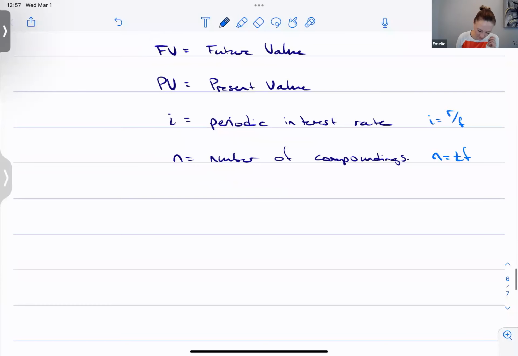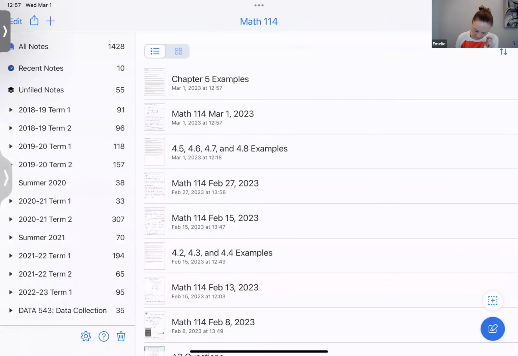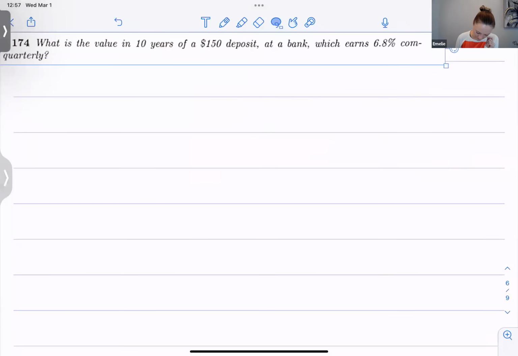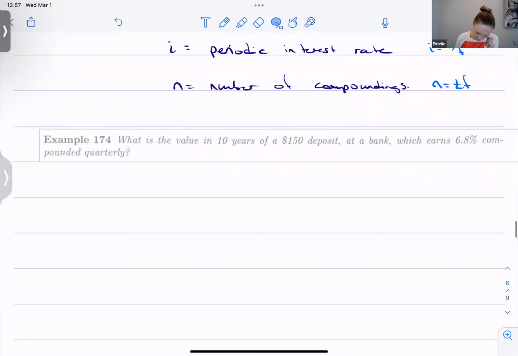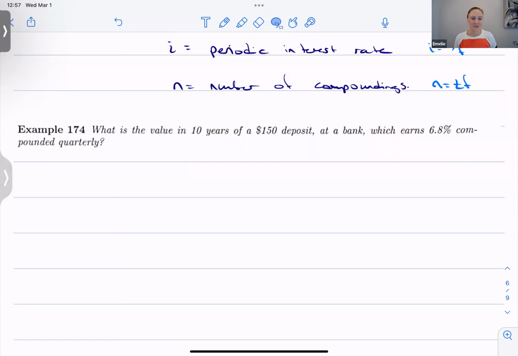Let's have a look at an example. 174. This pup sounds so upset. She's not. I think she was just rudely awakened by someone in the hallway. Okay.